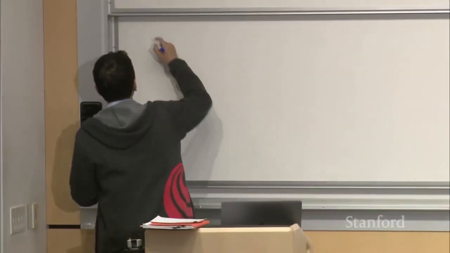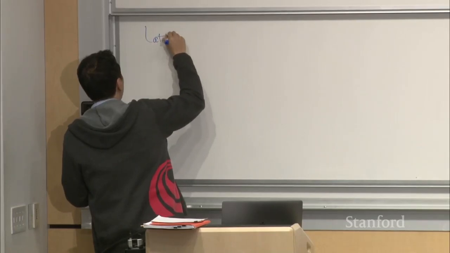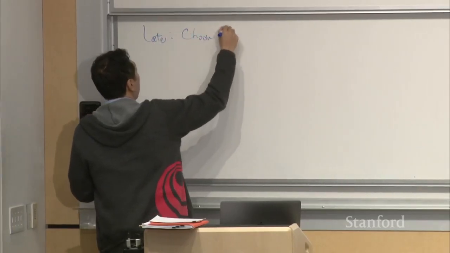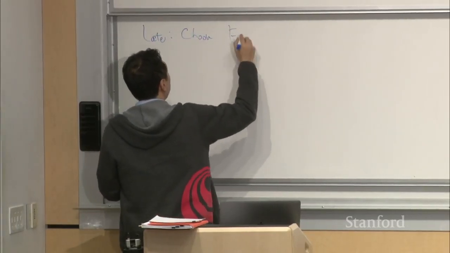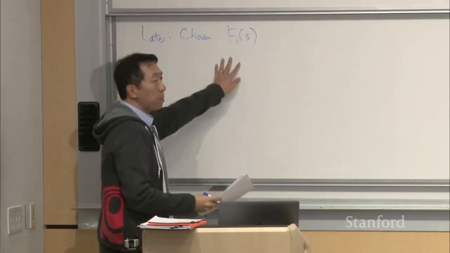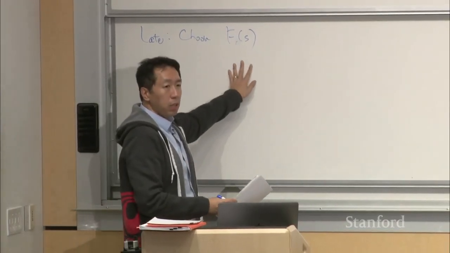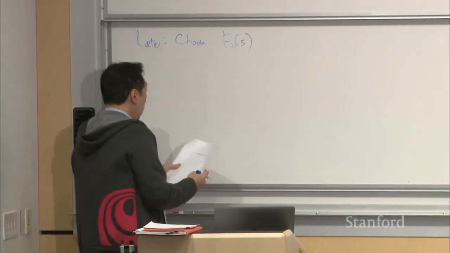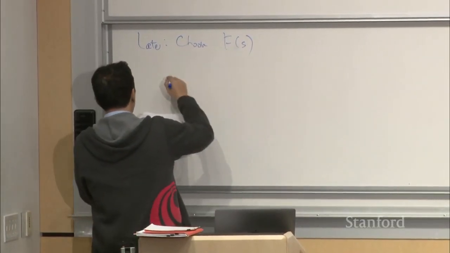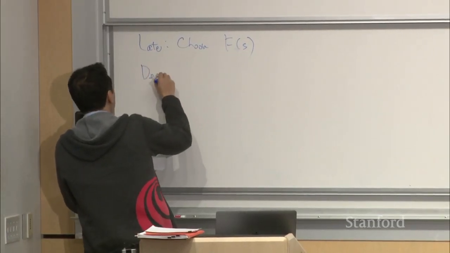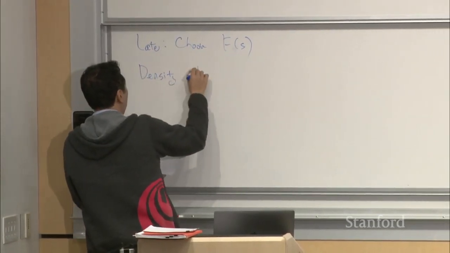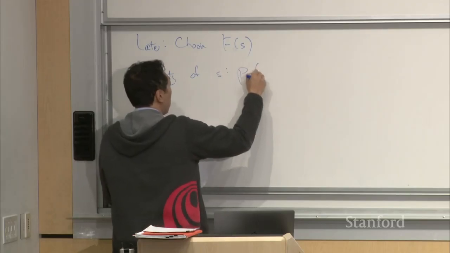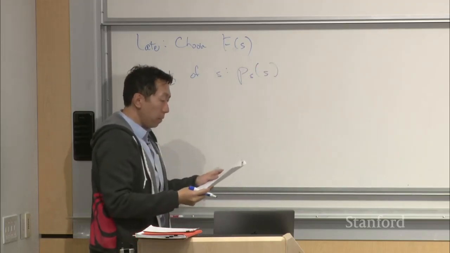So in a little bit, we'll specify some CDF for the density of the sources, of what human voices sound like, let's say. And if you differentiate this, you will get the PDF or the density of S, right? Which is equal to that.